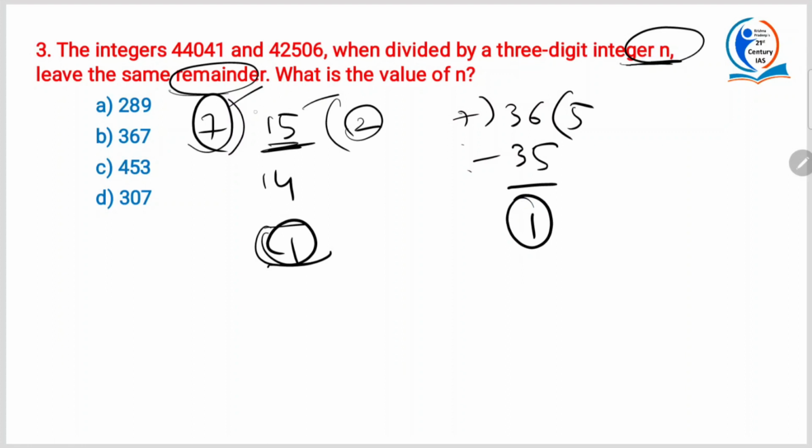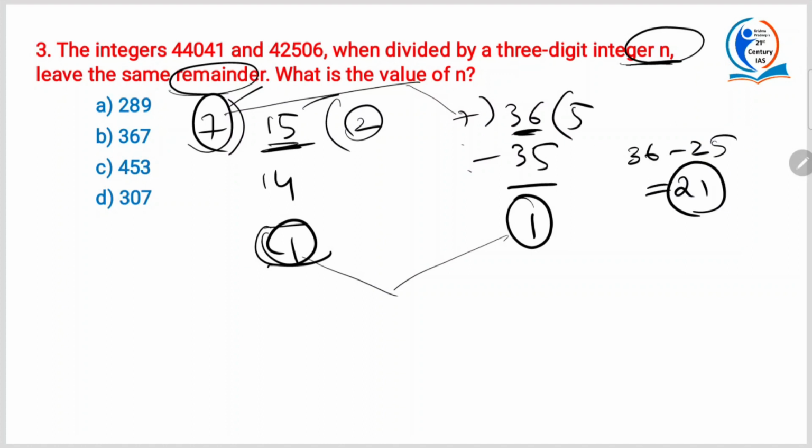When divisors are the same, 7 and 7, and when remainders are the same, 1 and 1, then the difference of these, 36 minus 15, which is 21, is also a multiple of the common divisor. Okay, so I'll make it clear.